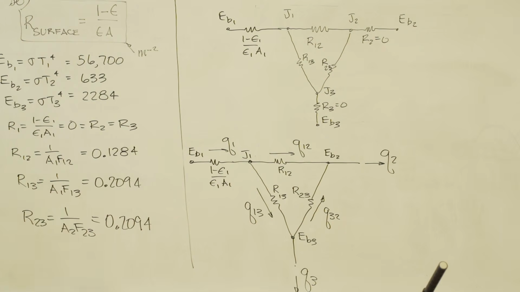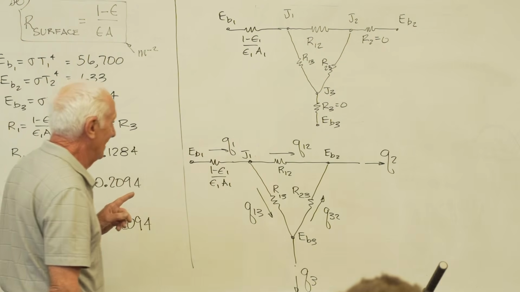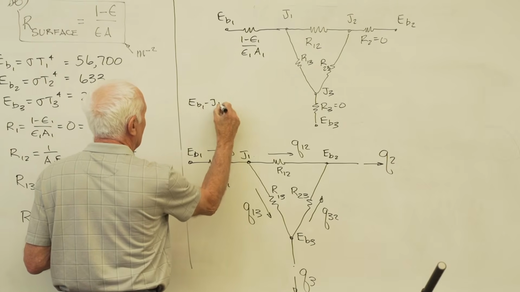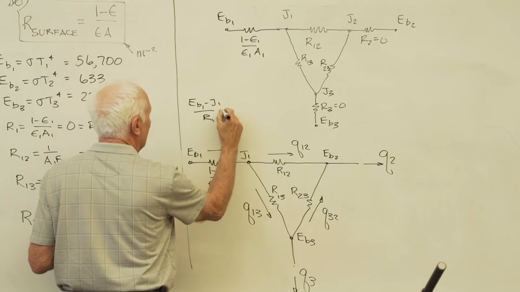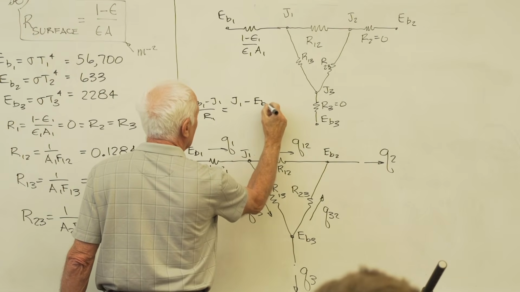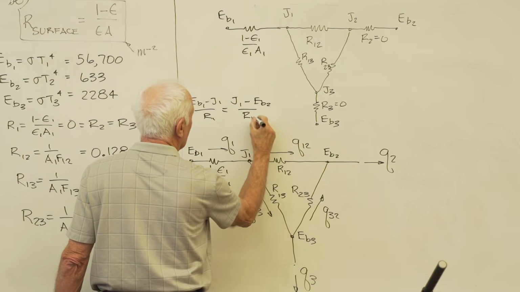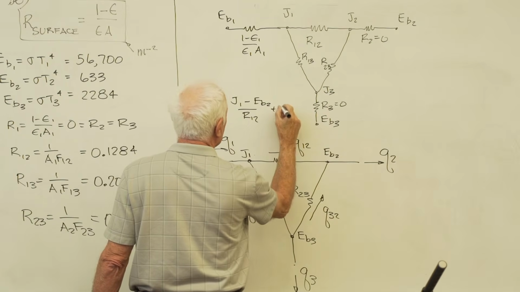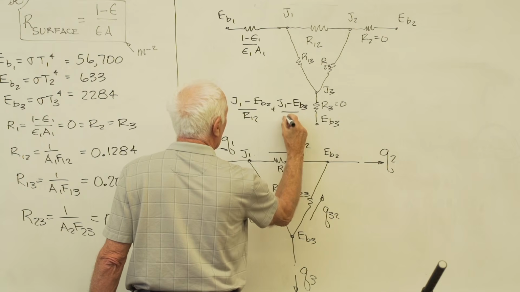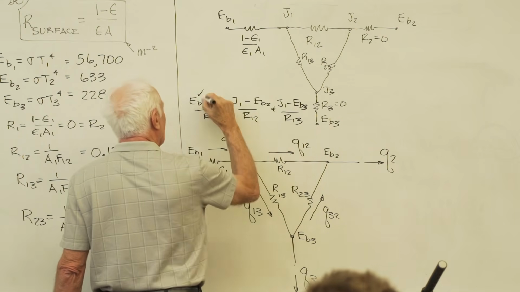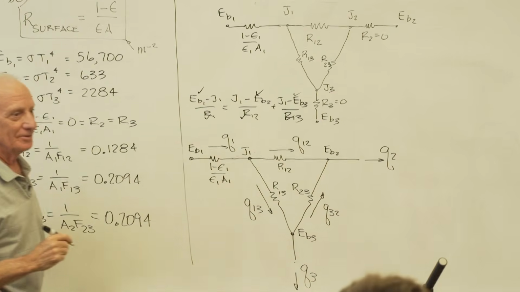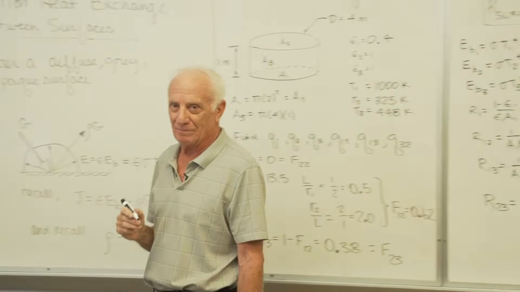Okay, now you've got to find J1. So you say EB1 minus J1 divided by R1 equals what goes out: J1 minus EB2 divided by R12, plus J1 minus EB3 divided by R13. I know all the rest. Guess what you do? You solve for J1, step one.